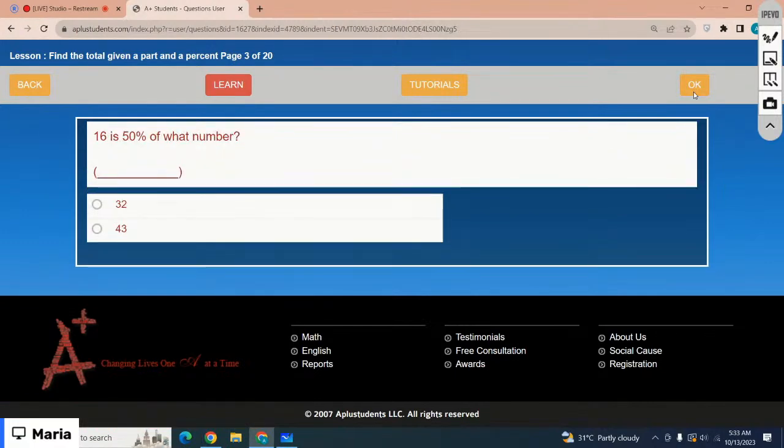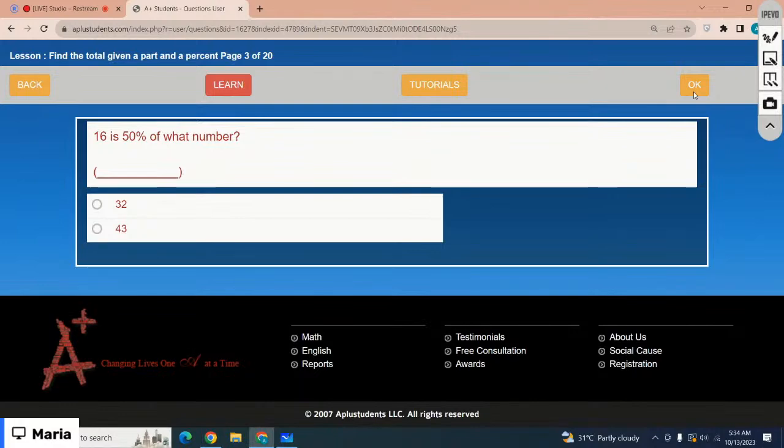16 is 50% of what number? Which is the correct option? 50% means half.